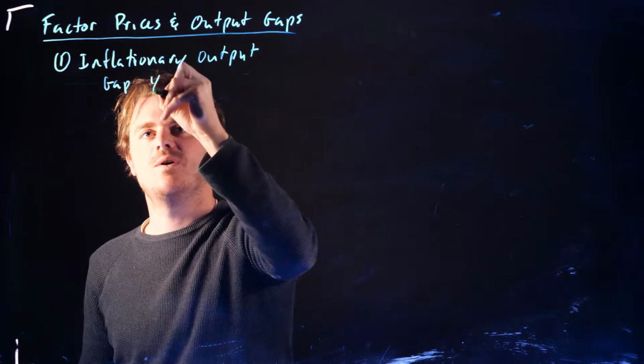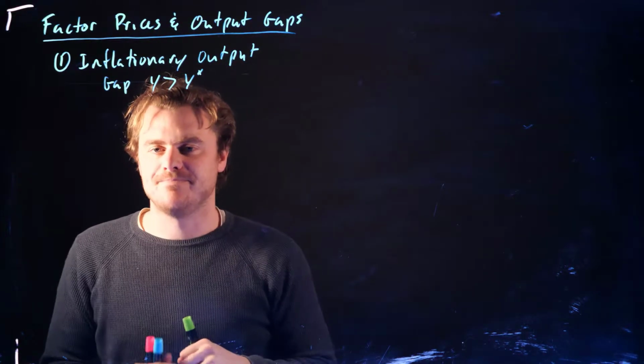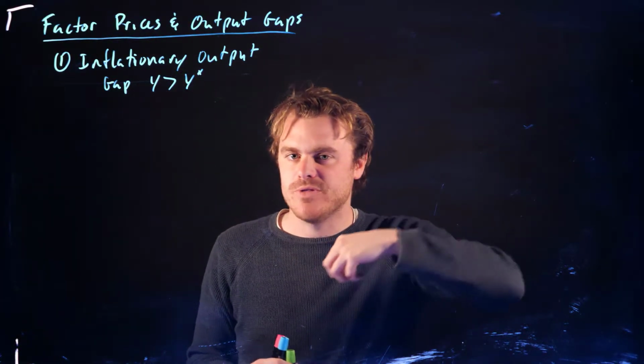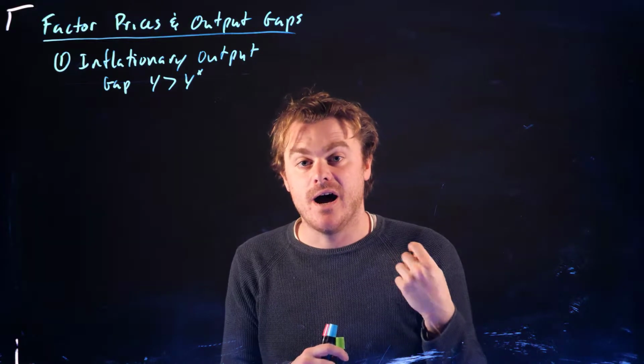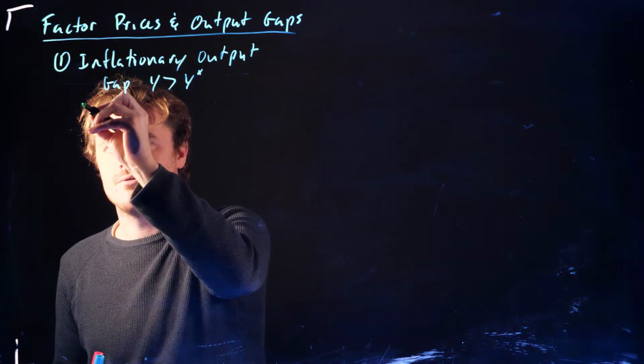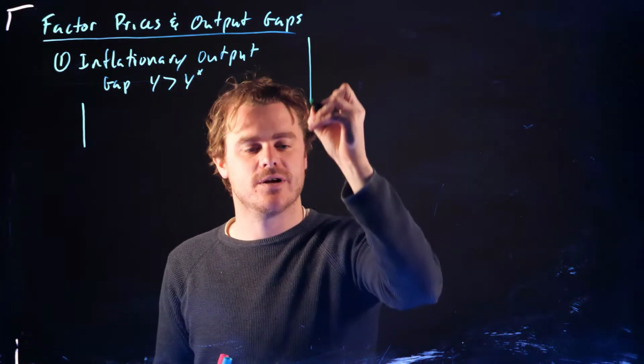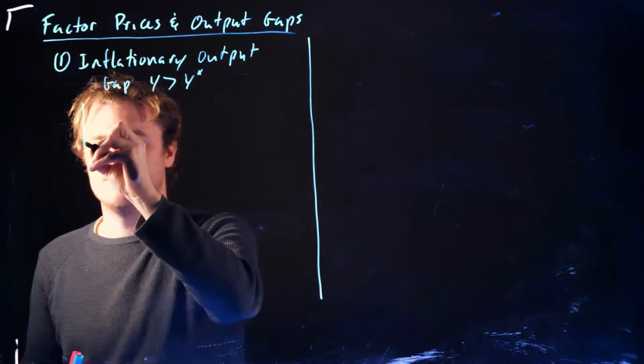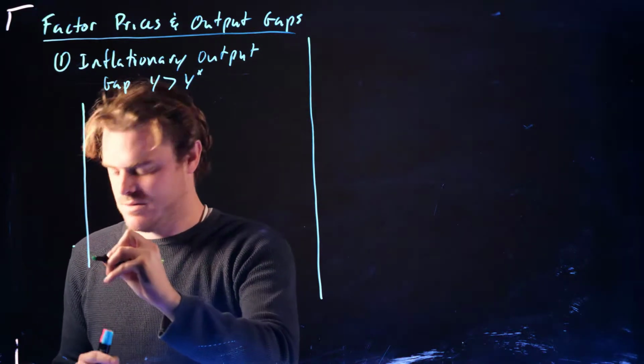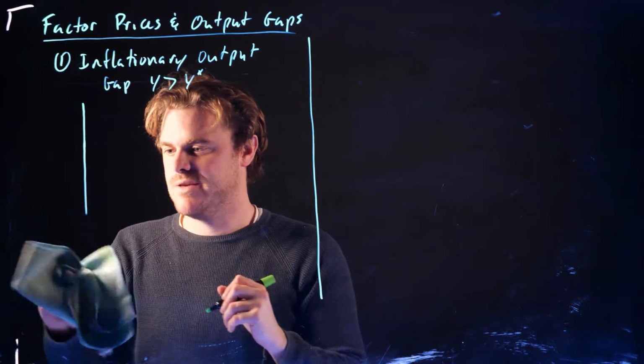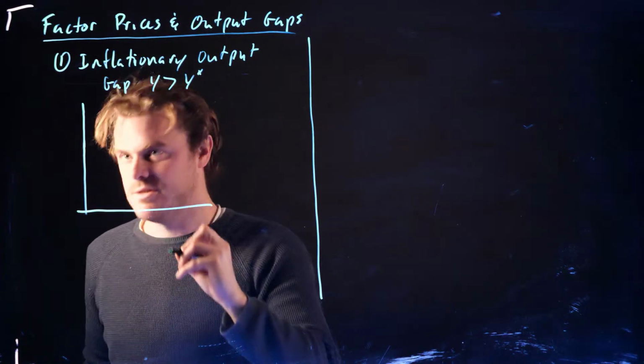Remember, that means that Y is greater than Y star, and remember that I linked this to unemployment. So let's redraw it, one on either side here, so there's a little bit more room to write some stuff down.